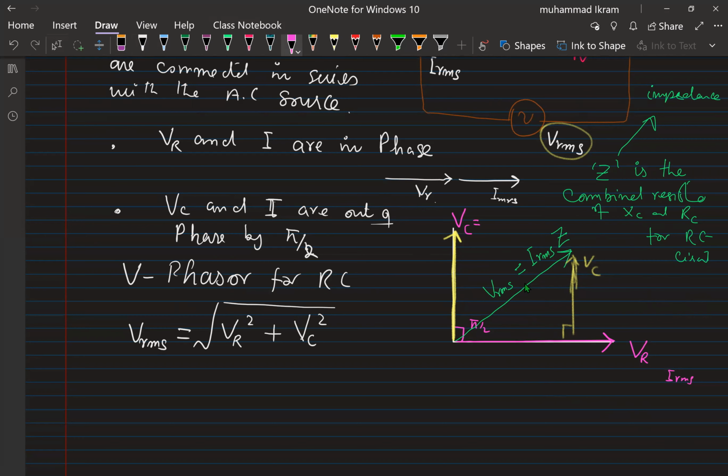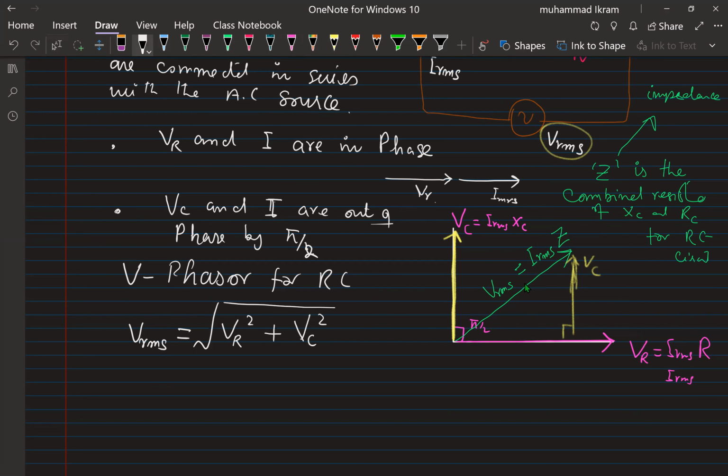VC is equal to the Irms into XC, where XC is the capacitive reactance or the resistance offered by the capacitor. And VR is, of course, Irms into R, like this.